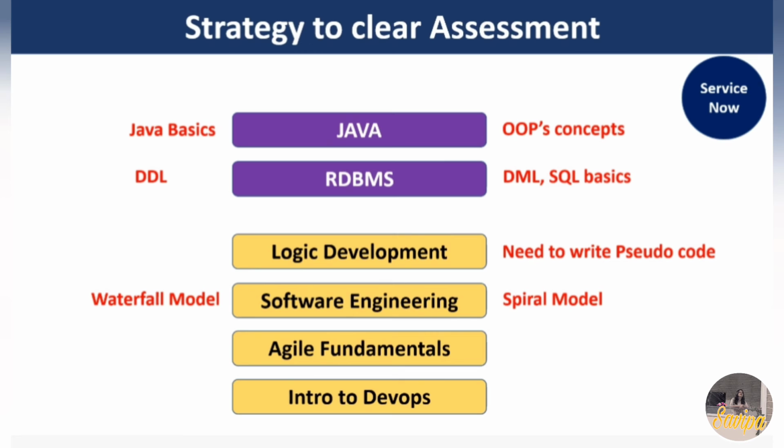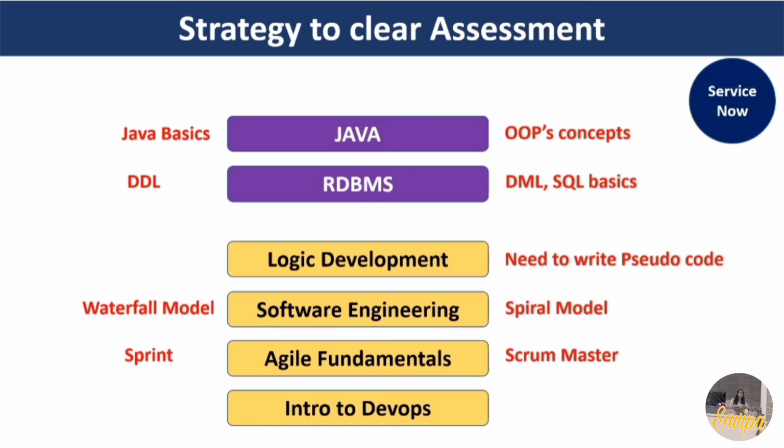Now the next one is agile fundamentals. These terms should be very familiar, because when you are allocated to a project, if you are not familiar with agile, everyone will find it difficult in the initial days. Just to give an overview, there will be a scrum meeting, and in that there will be a scrum master.